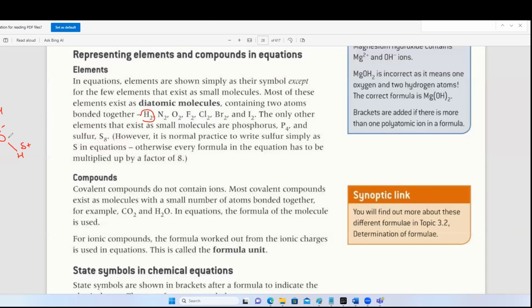So the shared electrons will be closer to oxygen than they are to hydrogen. So we will say that these are polar covalent bonds in water, because the two atoms are not the same.